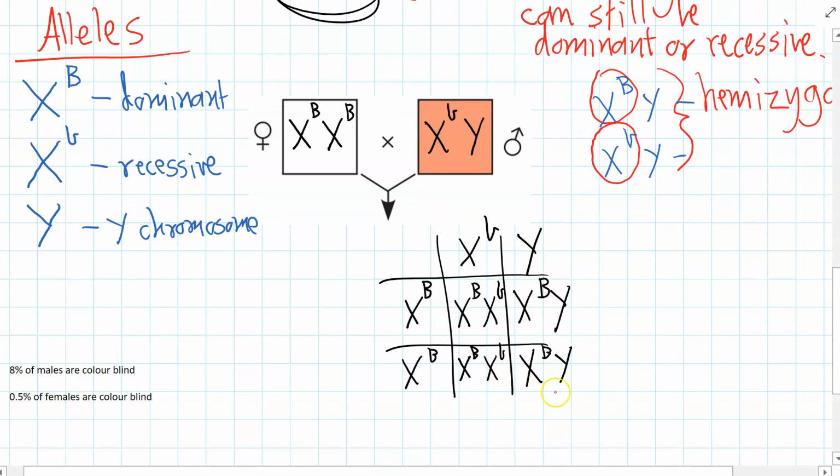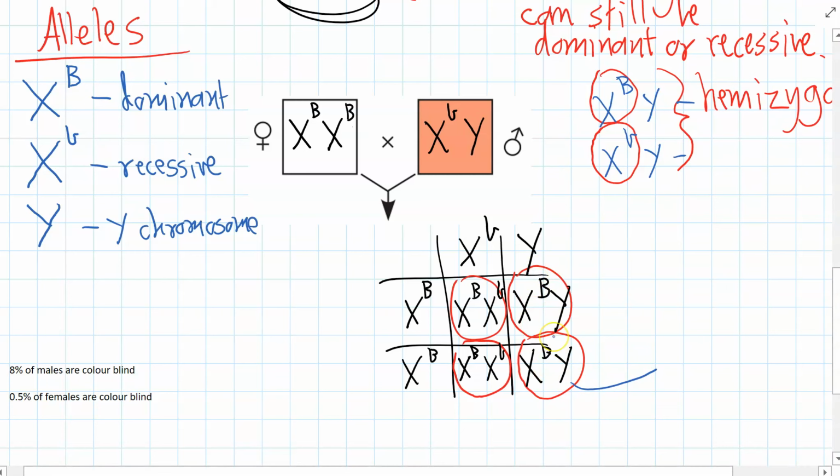Okay, so the possible children that this couple can have. Well, firstly, we need to think about which children are male and female. So these two options are going to be boys, because they're the ones that receive the Y chromosome from their dad. And these two are girls. So for the boys, well, they're both the same here.